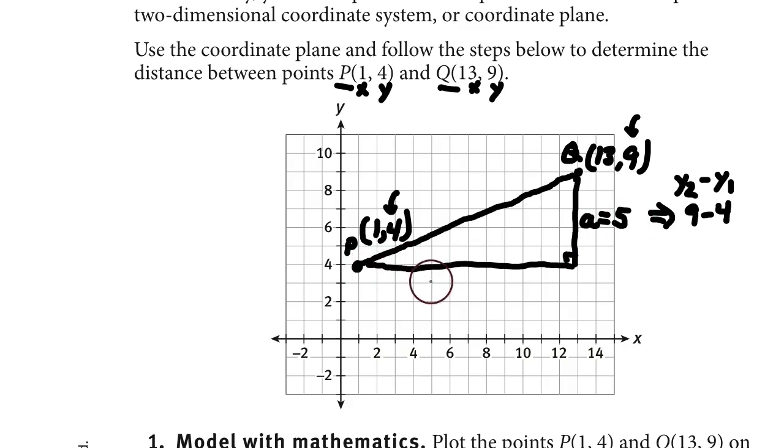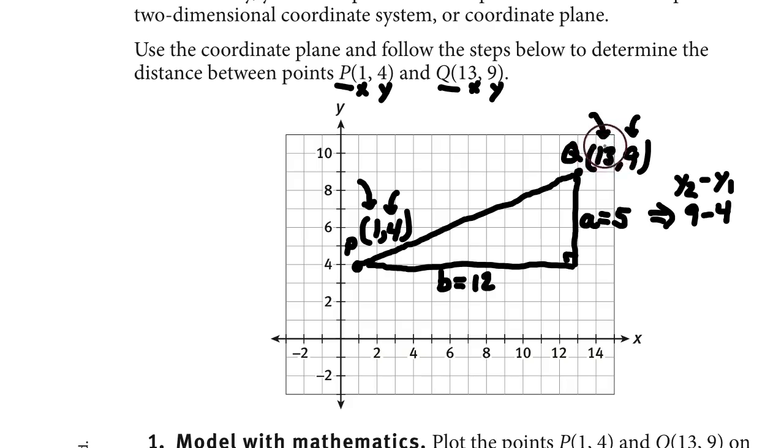The bottom of the triangle is called the base, and it's a lowercase b in the Pythagorean theorem. How long is that? We'll start at this dot and count the squares. 1, 2, 3, 4, 5, 6, 7, 8, 9, 10, 11, 12. The base is 12 units long. We could also use the x-coordinates of the ordered pairs to find that the base was 12 units long.